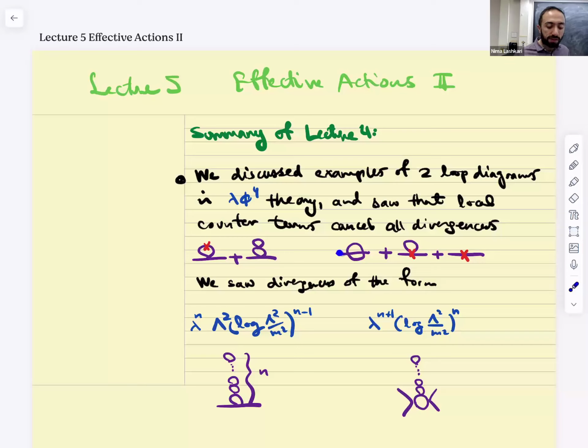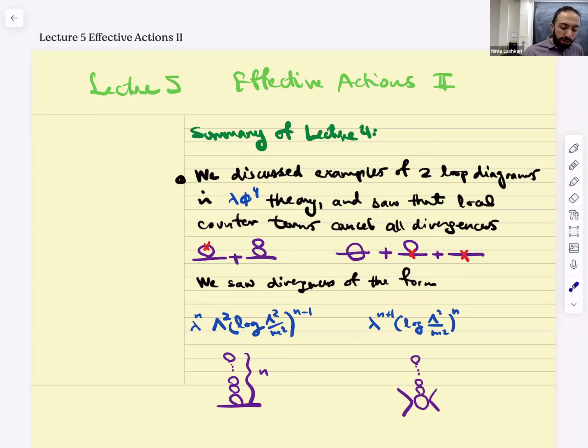Then we talked about this diagram that had a more involved integral, but we saw that to cancel that we needed two counterterms. One of them is this counterterm, the other one is an order lambda squared two loop correction to the standard counterterm for the propagator, right? So that's delta z order lambda squared.